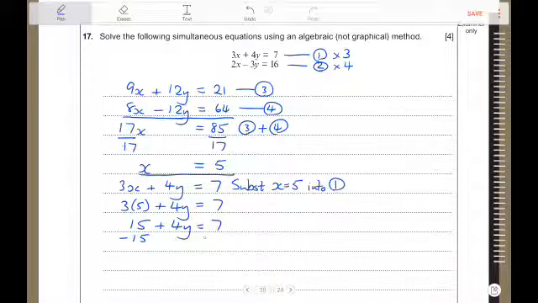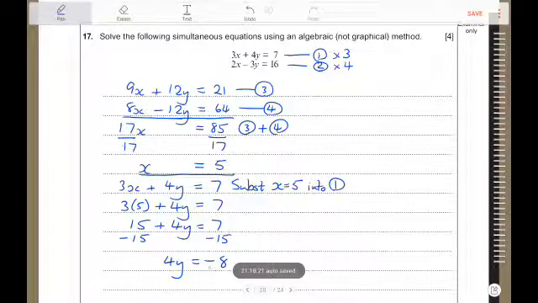Get rid of the 15 first. Remember, the number attached to your letter is the last number you get rid of. Take away 15 on that side. That's gone. That gives me 4y is minus 8. 7 minus 15 is minus 8. Again, I like that because I know 4 goes into 8.